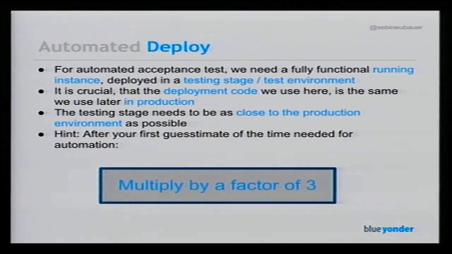This is the acceptance test, and for the acceptance test we need an automated deploy, because now we triggered continuous integration, and continuous integration automatically triggers our acceptance tests. The acceptance tests really test the behavior of our service or web application or whatever.